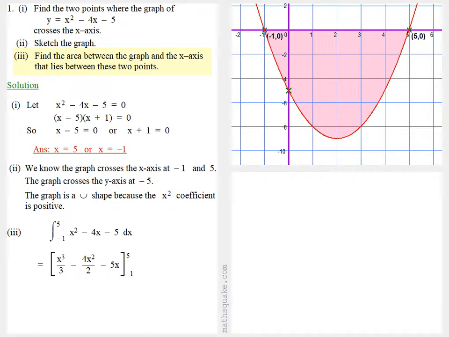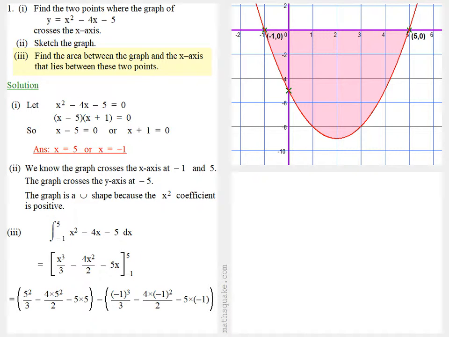Now when we integrate x to the power 2, it becomes x to the power 3 over 3. Minus 4x becomes minus 4x squared over 2, and minus 5 becomes minus 5x. We substitute 5 into the equation, followed by taking away, substituting minus 1 into the equation.